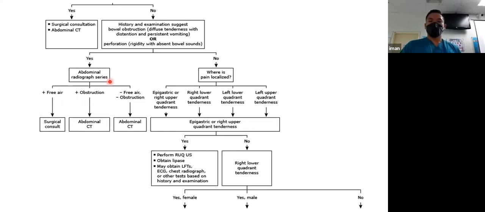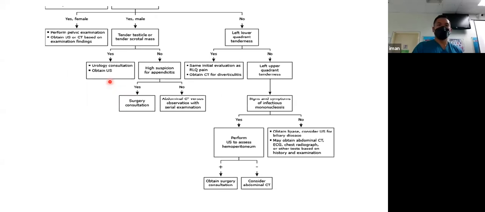And if no, then we go to right lower quadrant tenderness. Okay, right lower quadrant tenderness, we have female and also male lah, different sikit. So for female, we can perform pelvic examination by manual digital examination that can give us some ideas about the pathology.